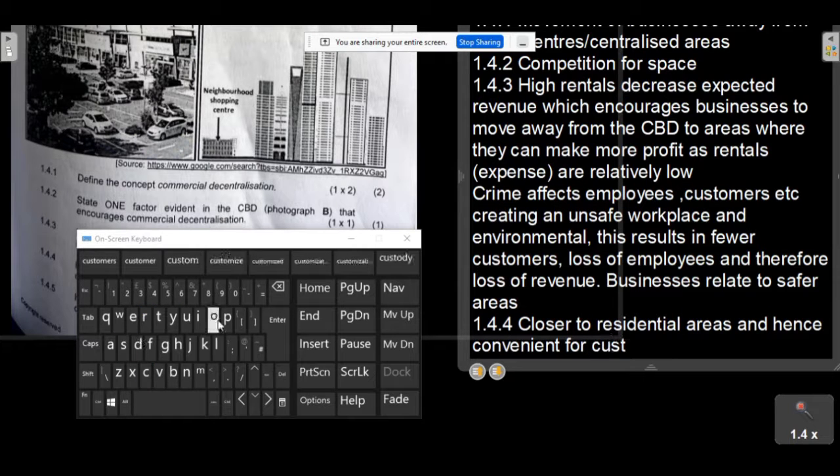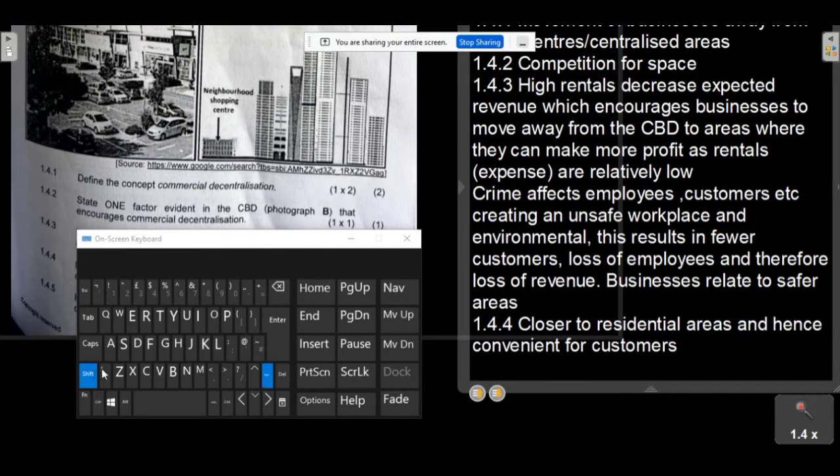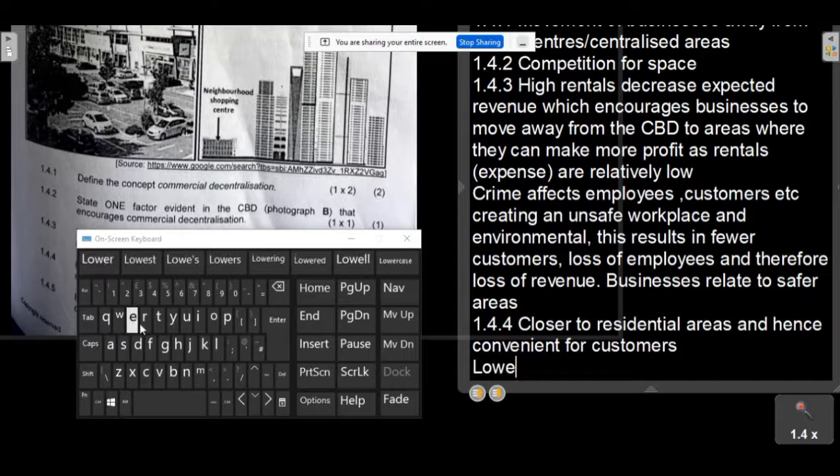Right. And then there's relatively lower rentals.